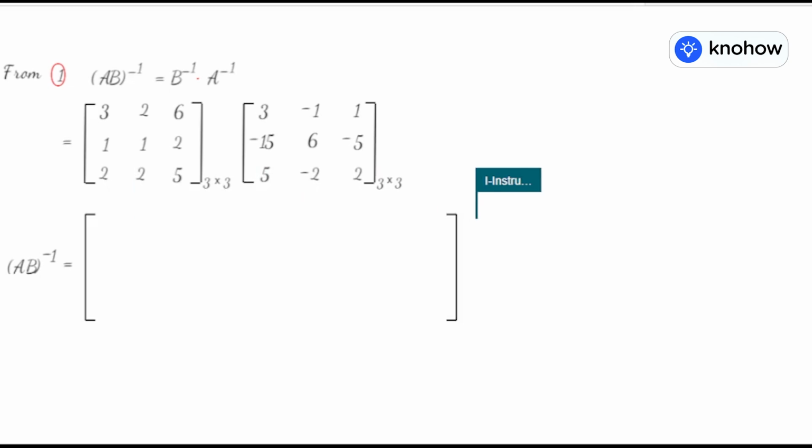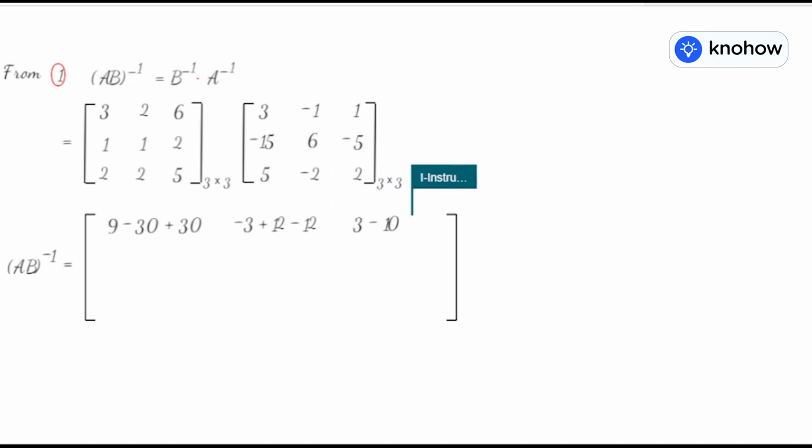The 1 1 element will be 9 minus 30 plus 30. And the second element of the first row will be obtained by multiplying the first row with the second column and you get minus 3 plus 12 minus 12. And the third element of the first row is 3 minus 10 plus 12.